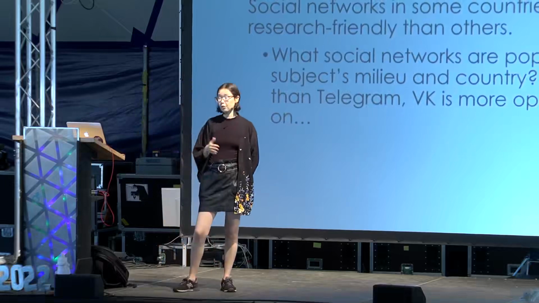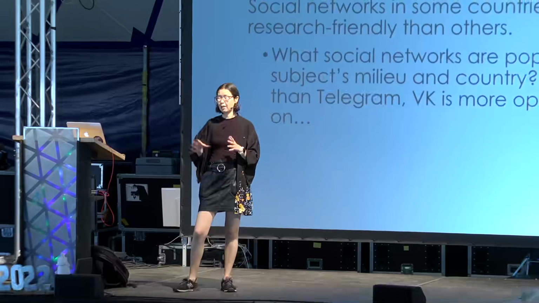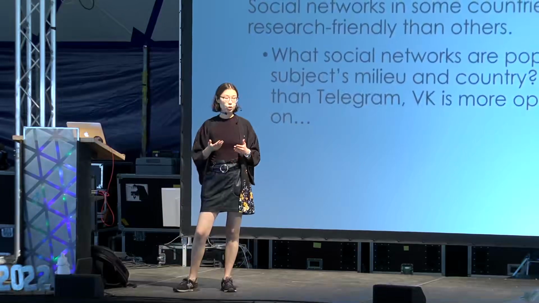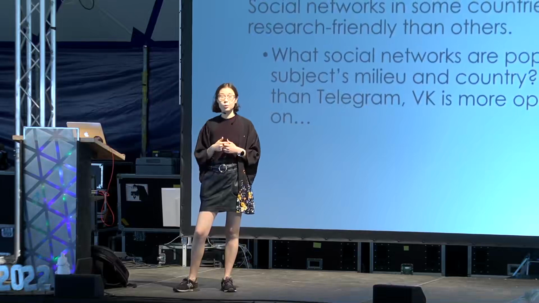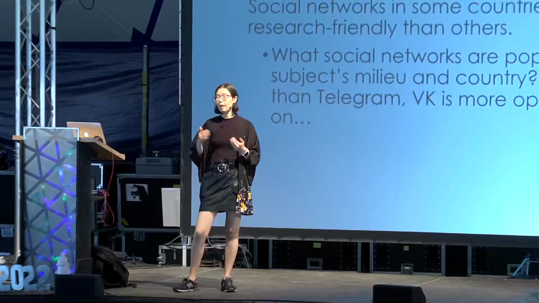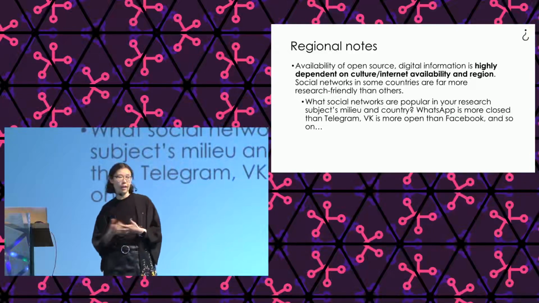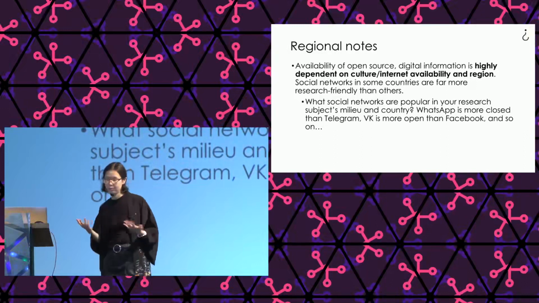If you're doing research on Facebook, you can't really go out of Facebook to many other places, whereas if you're researching on Vkontakte, even if the account was closed, you would still be able to see their friends list, their date of birth, their old profiles, old bios, and so on, just because Vkontakte is more research friendly and it can get scraped, okay?